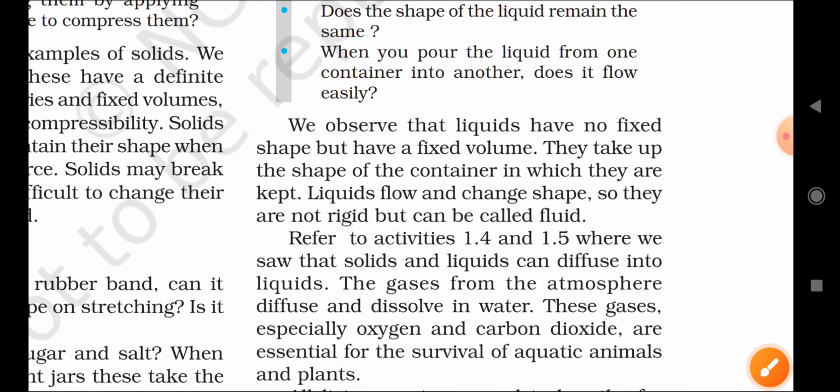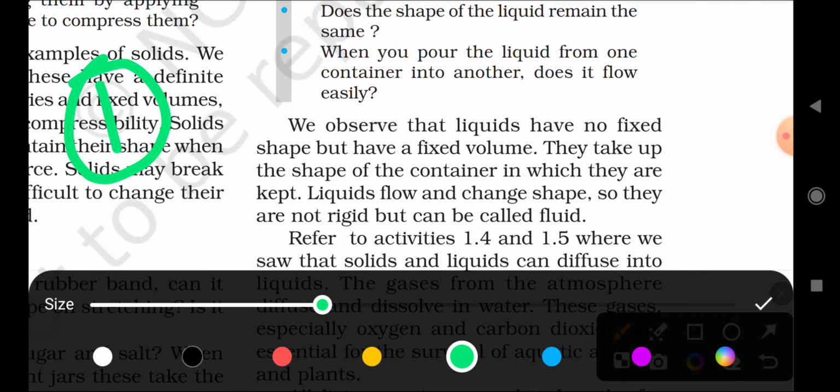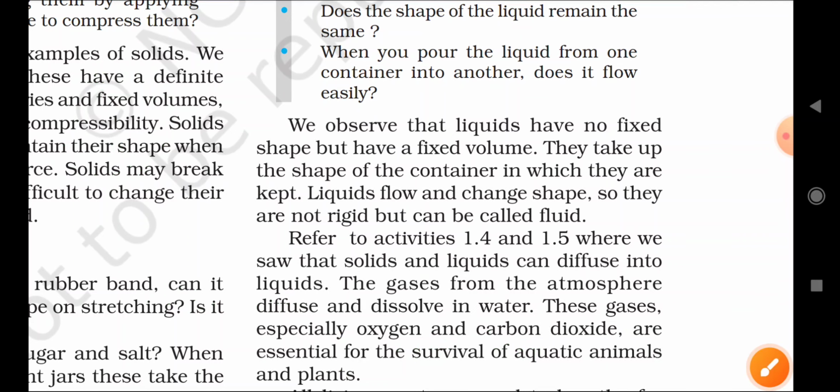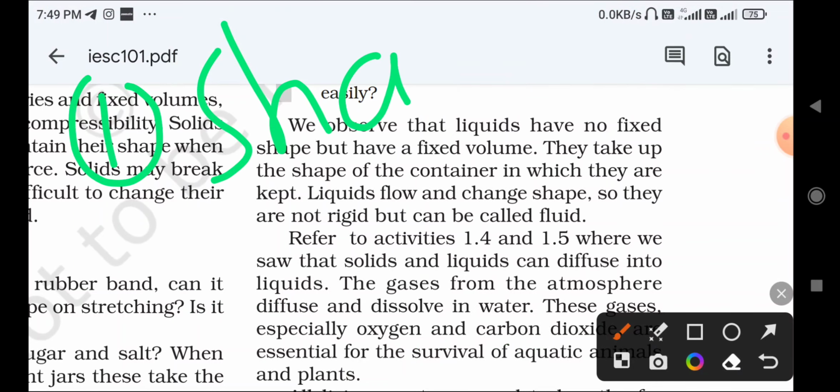We observe that liquids have no fixed shape, correct? So the first point is that the liquid does not have any fixed shape. It means it will take the shape of any container.